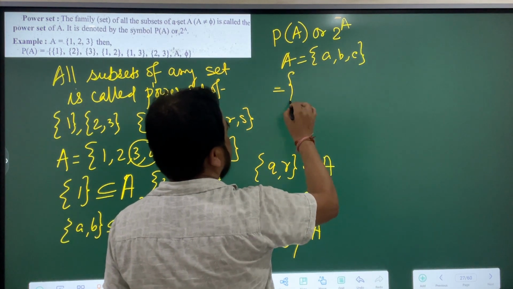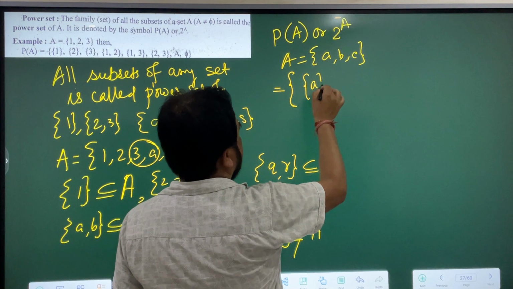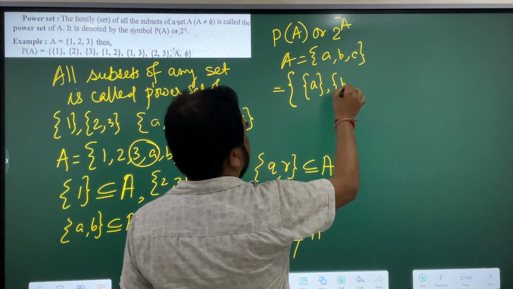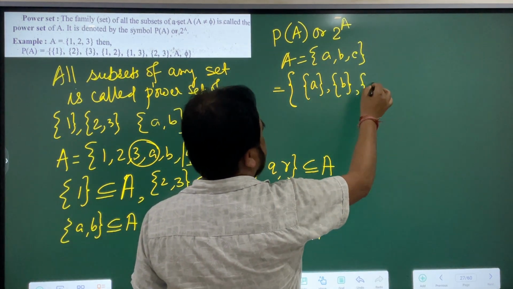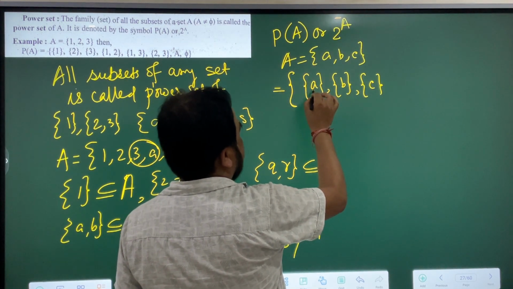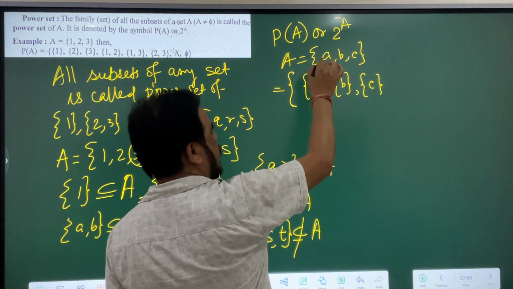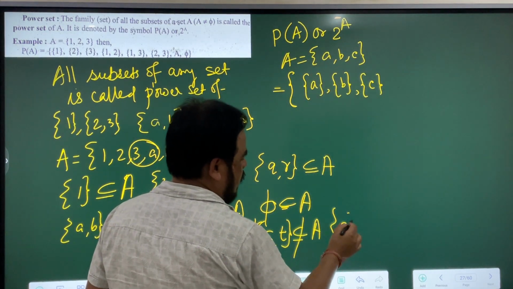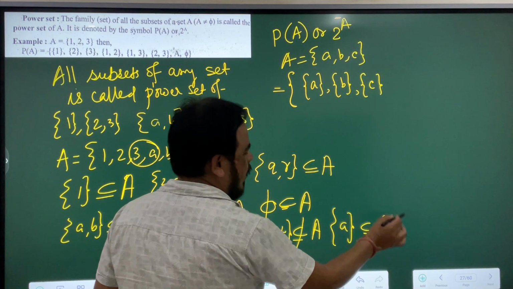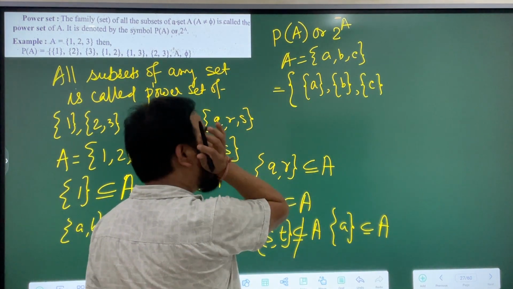This is the starting brace, and we will end at the end brace. Now inside we will write A, B, C. This is a set in which element A is present in set A. So it is a subset of A.